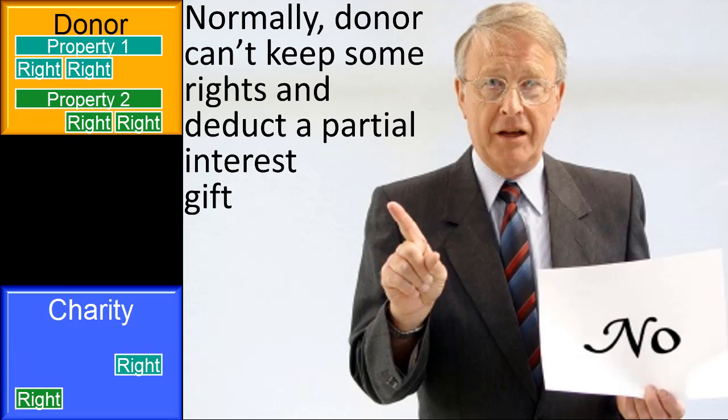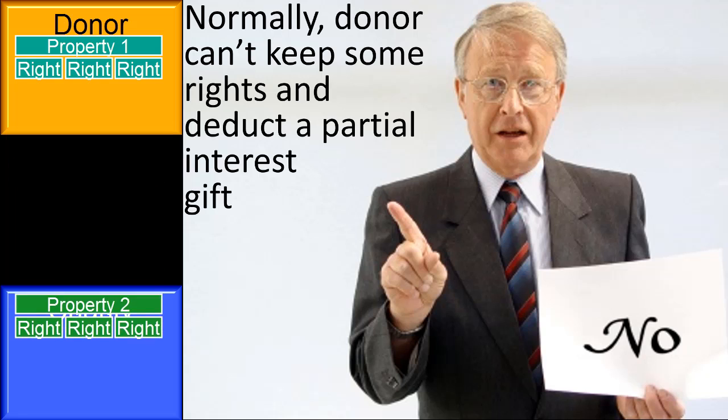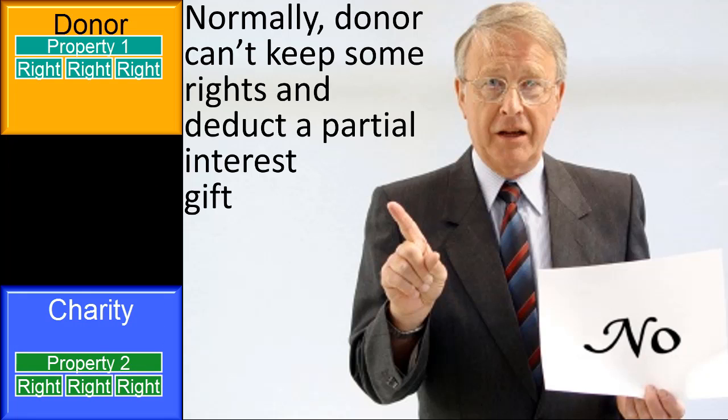Notice that this rule applies to retaining rights in the same property that was given to the charity. For example, it does not prevent a deduction for giving a specific 10-acre tract to charity from a 1,000-acre farm. In that case, the donor retains no rights to the 10-acre tract given to the charity, but retains rights only in the 990 acres not transferred to the charity.